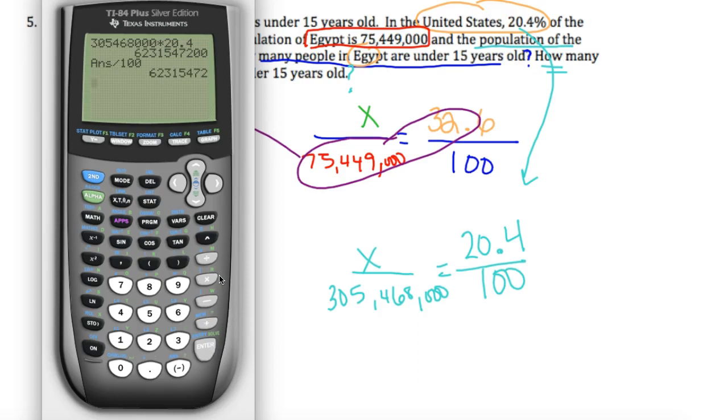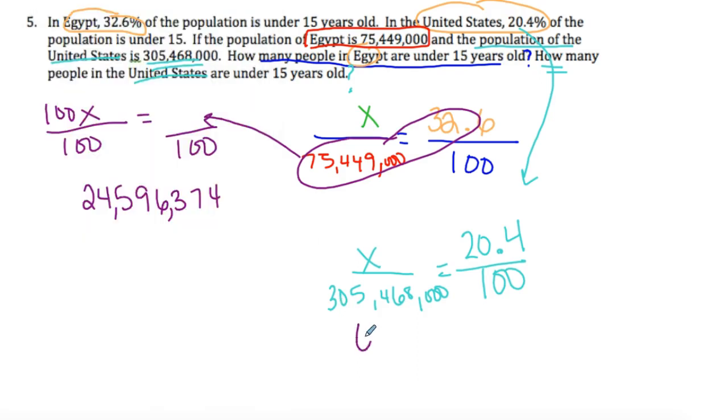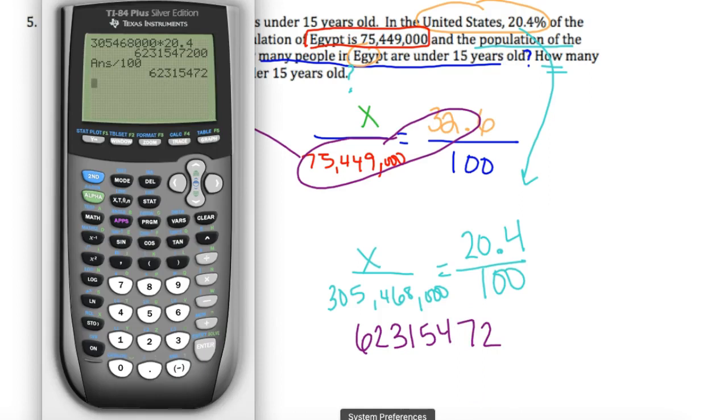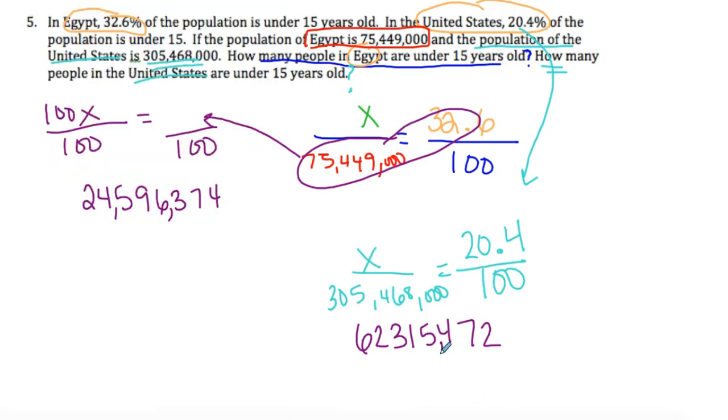So I get 62,315,472. Let's check that. Okay. So that's 62 million people in the United States who are 15 years or younger.